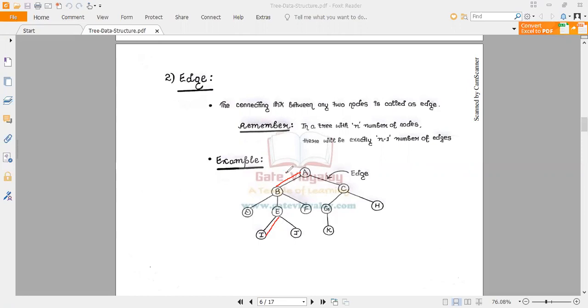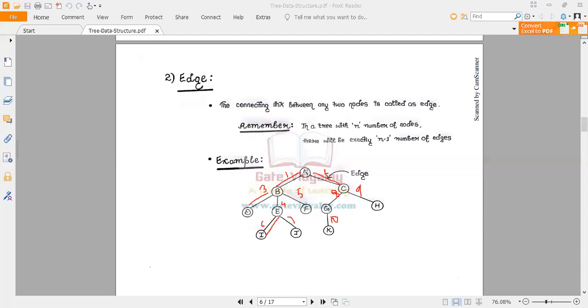We have edge 1, this is edge 2, then the third edge, then the fourth, fifth, sixth, 7, 8, 9 and 10 edges over here.